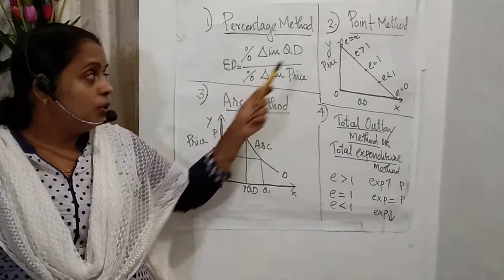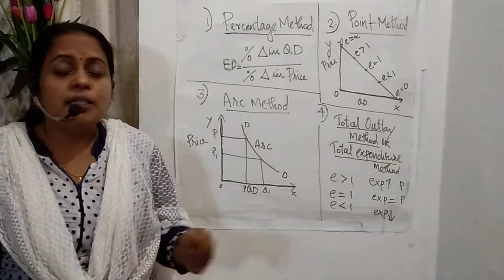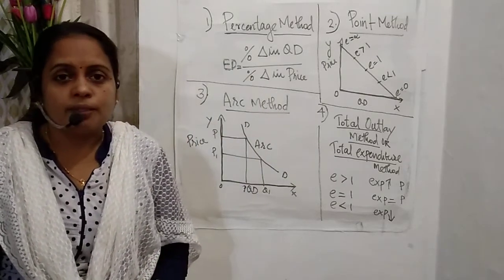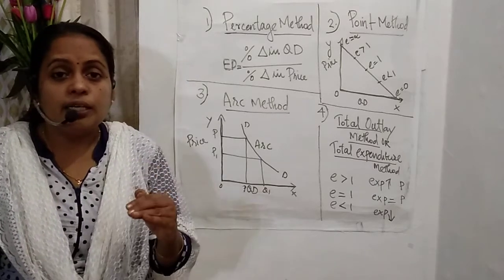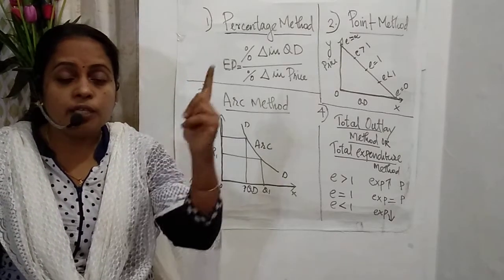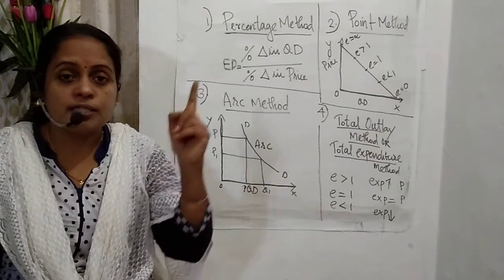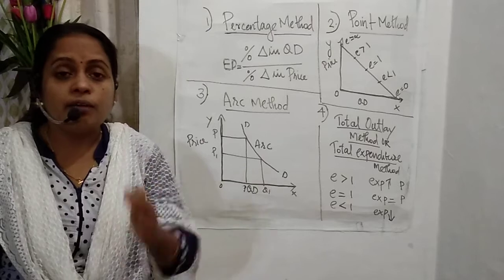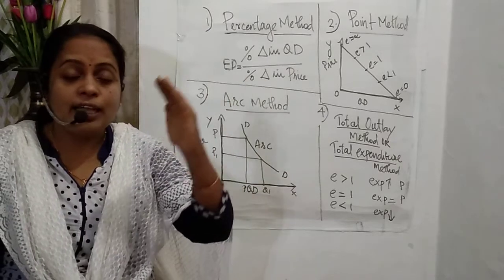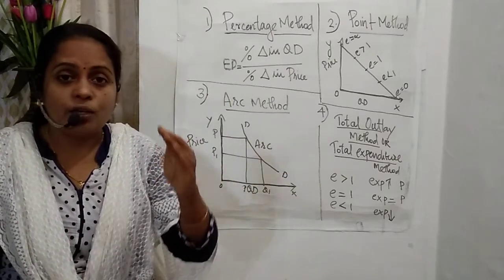Okay, then go to the second method. The second method is known as the point method. It's a diagrammatic method. In this method, there will be a straight line demand curve. On the basis of that straight line demand curve, we divide different points and each point is given a value.